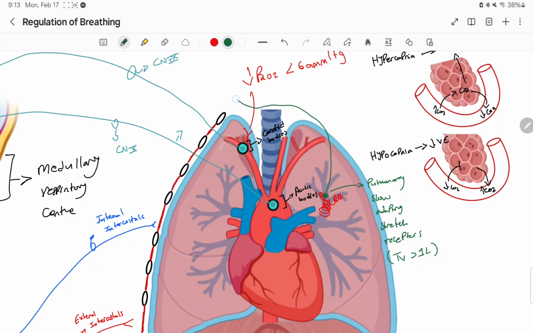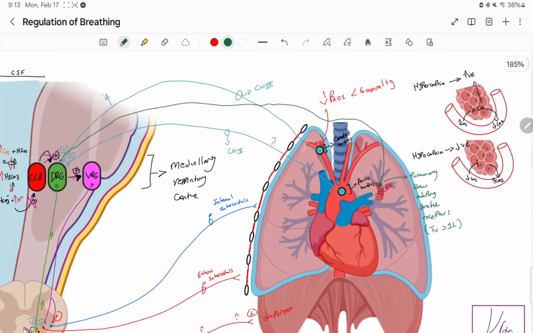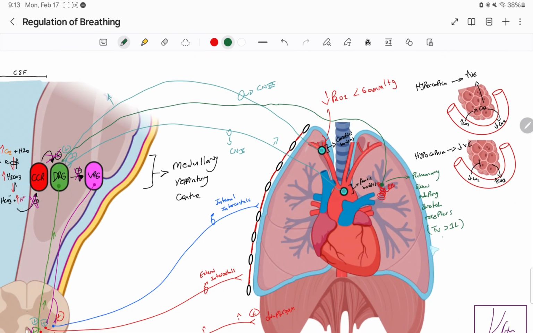And they will then send a signal down the nerve that they are coupled to, all the way to the actual respiratory center in the medulla. Think about this. If the tidal volume is greater than 1 liter, what does that tell you? Is the lung overinflated or underinflated? Well, that tells me that it's overinflated, because remember, the regular tidal volume is about 500 milliliters, right?